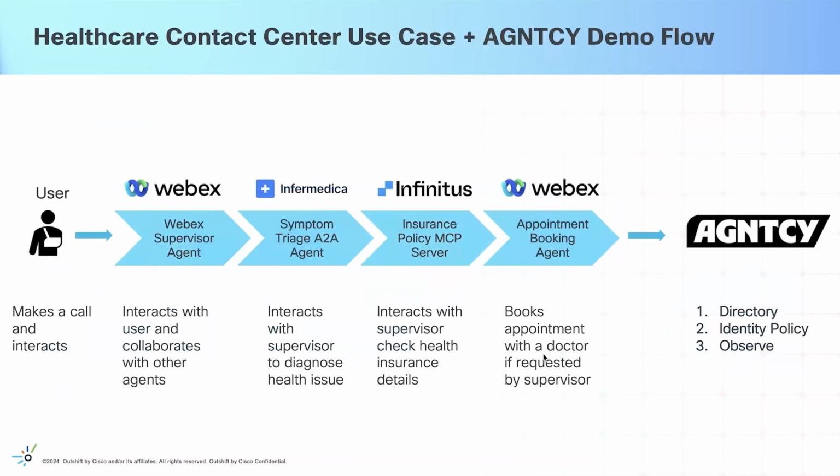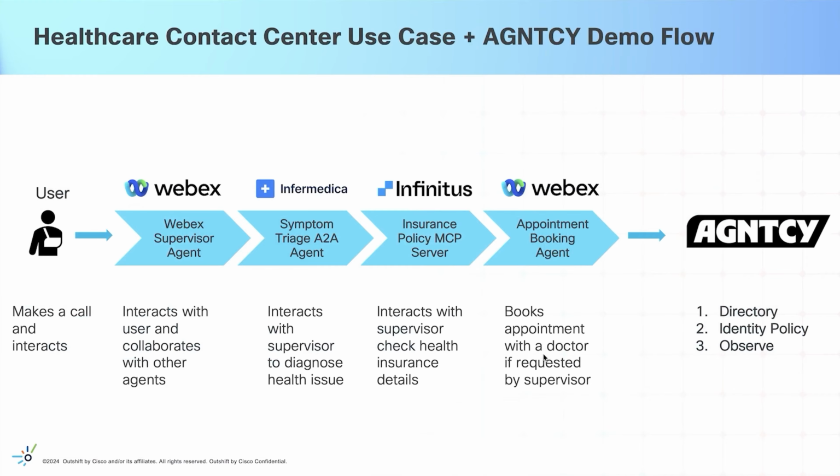The next is about the use case and also the demo flow we want to show you. What we are going to show you is a user, which is a patient, calling in to Webex AI Agent Studio, and then the Webex supervisor agent will take up the call, then pass the request to the symptom triage A2A agent to ask a couple of follow-up questions to do a very basic triage to know about the urgency, maybe also the specialty of the doctor for the patient to visit.